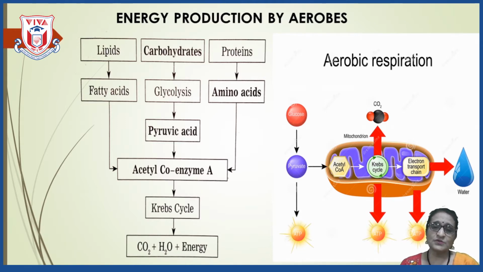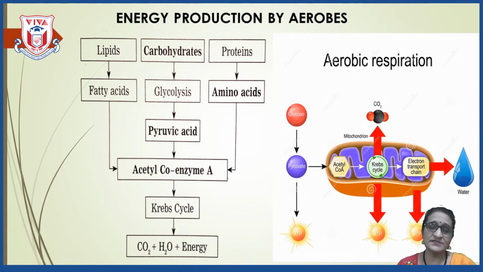When this glucose molecule is broken, it forms pyruvic acid, a 3 carbon compound. And you know what glucose is? Glucose is a 6 carbon compound. So this 6 carbon compound is broken down and forms a 3 carbon compound, pyruvic acid. This process is called glycolysis.